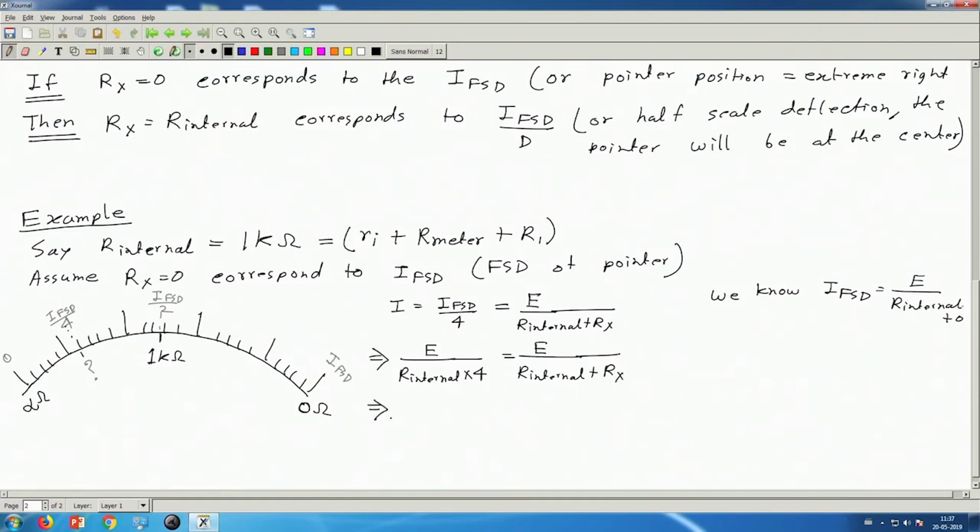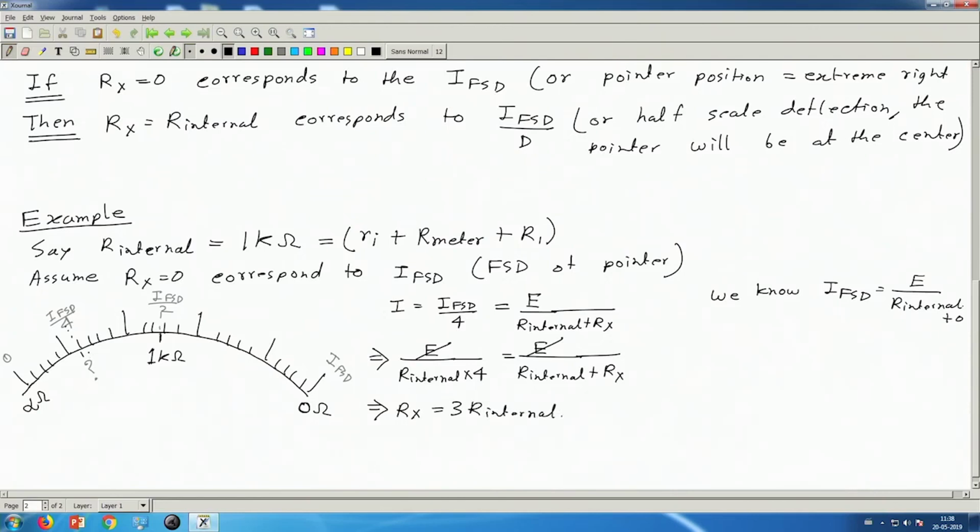From this, the E cancels. Then we can write 4 times R internal is equal to R internal plus Rx. Then Rx will be 4 R internal minus R internal, which is 3 R internal.